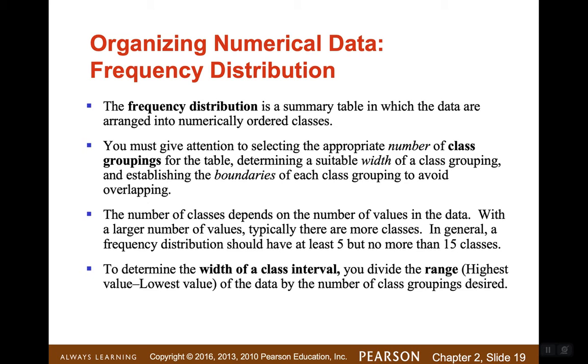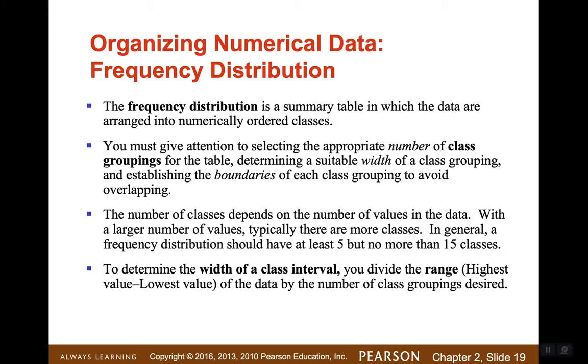What we're concerned about is making sure we define the width of the grouping and what the boundary is, because we do not want to have an overlap. Otherwise you have a value and it's unclear which one it goes into. The idea is that all of these groupings are mutually exclusive.